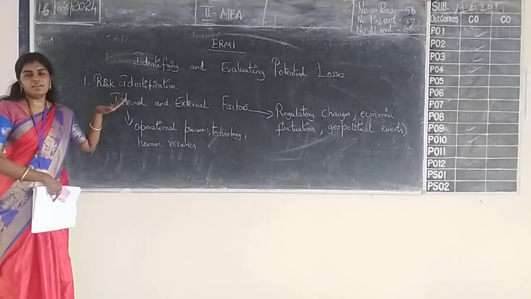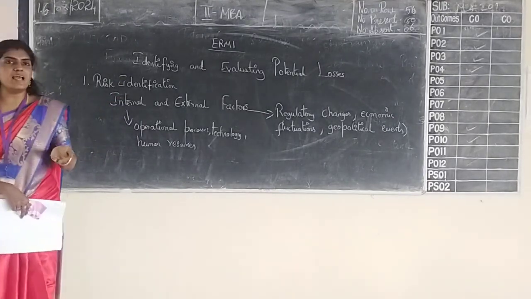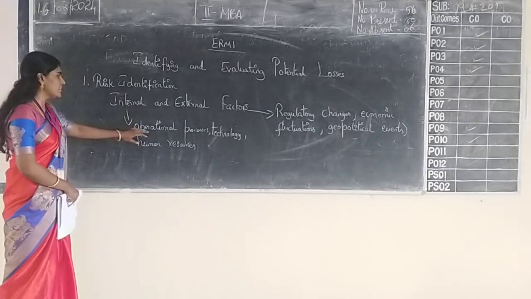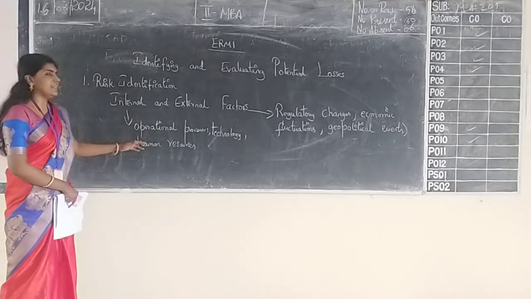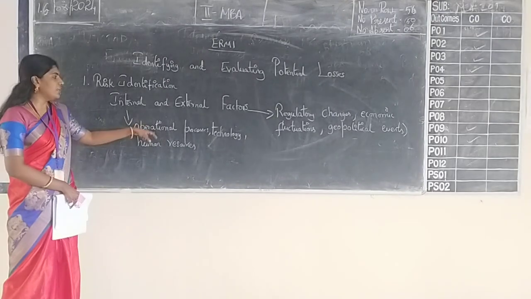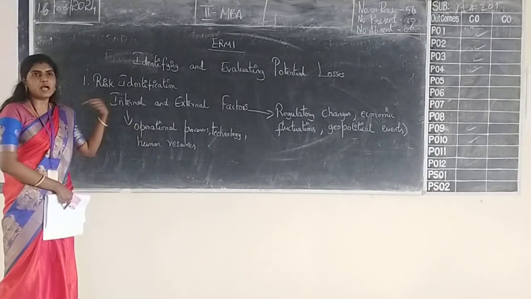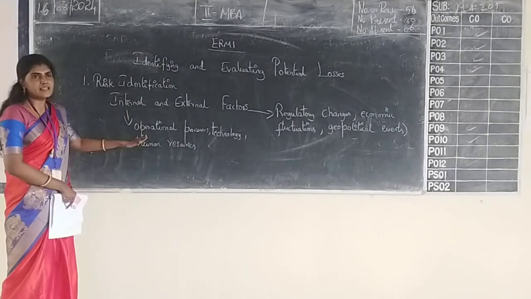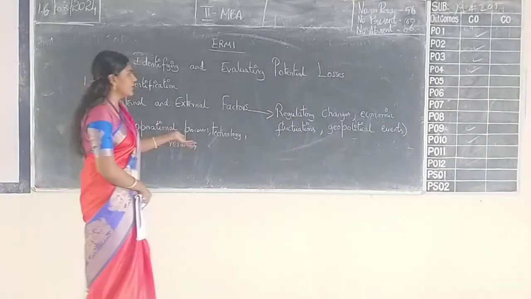The risk identification covers both the internal and the external factors. So what are the internal factors? It is the operational process, technology and the human resources. In the operational, technology and human resources, you have to identify the risk. So these are the internal factors. This is inside the organization.